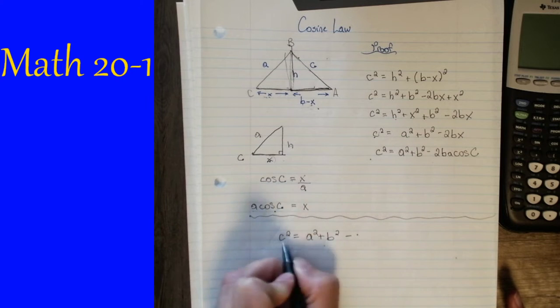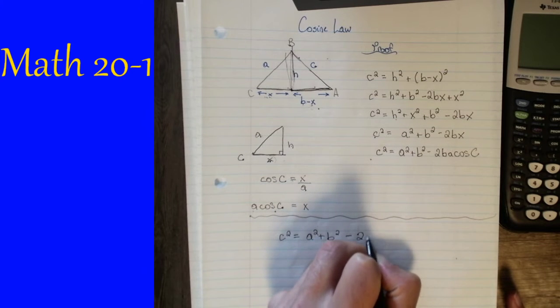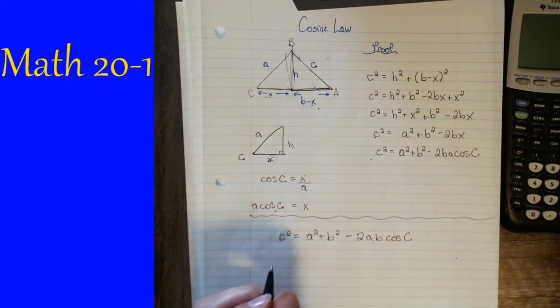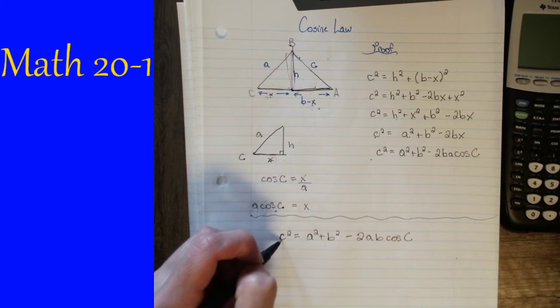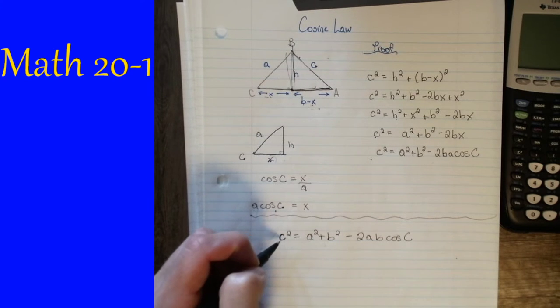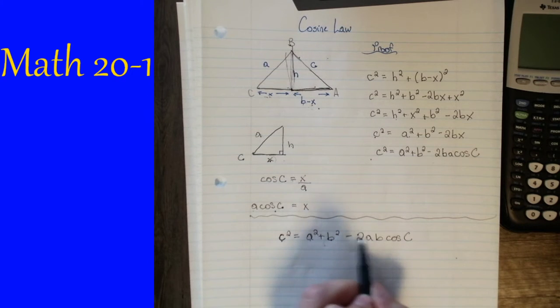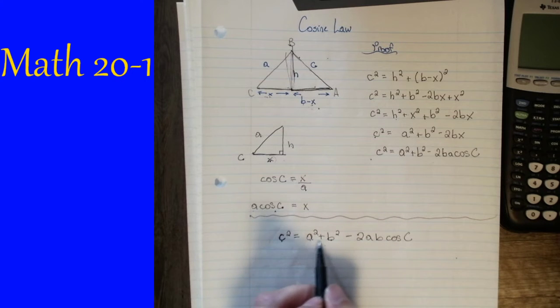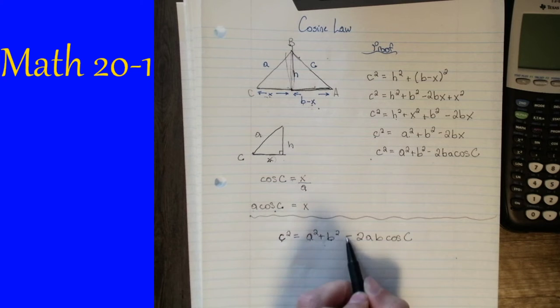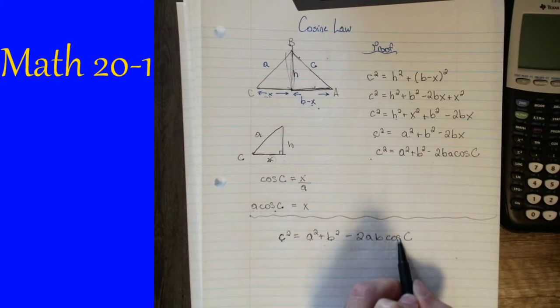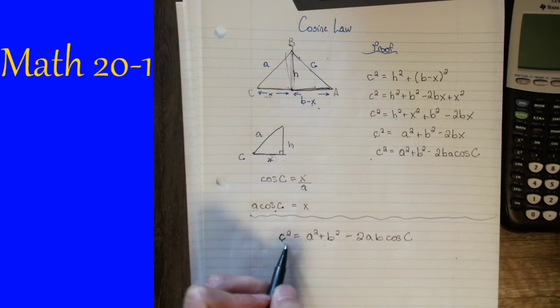Minus, it's kind of like the Pythagorean theorem, but then you have a minus 2 times a times b cosine of C. The way I remember that is if you're looking for the c length, you have a squared plus b squared minus 2ab. So it's everything so far that doesn't have to do with c in this formula. It's like the Pythagorean theorem, but then there's another term that's 2 multiplied by a times b cosine the angle across from the side length you're looking at.